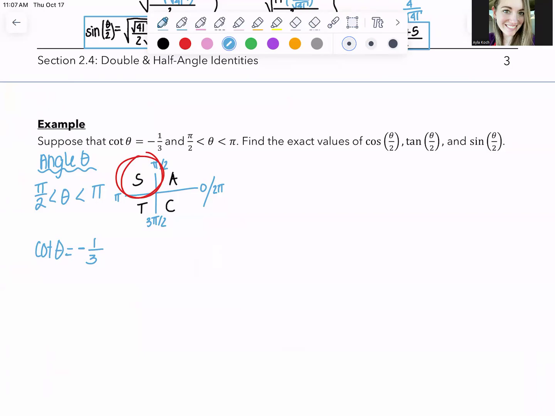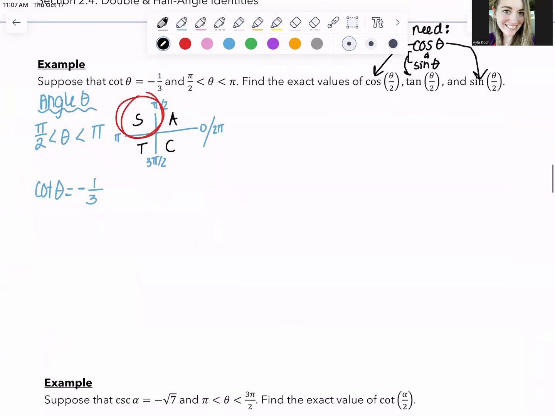So those formulas require us finding, for sine and cosine, cosine of theta. And tangent requires cosine and sine. So I need cosine of theta and sine of theta.